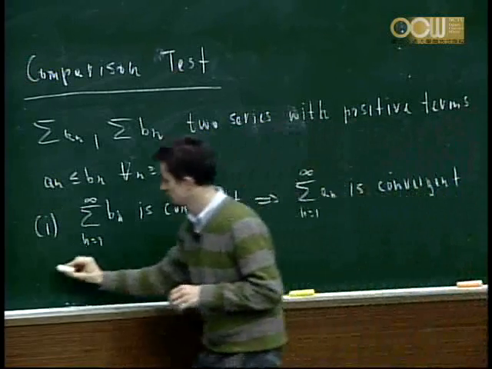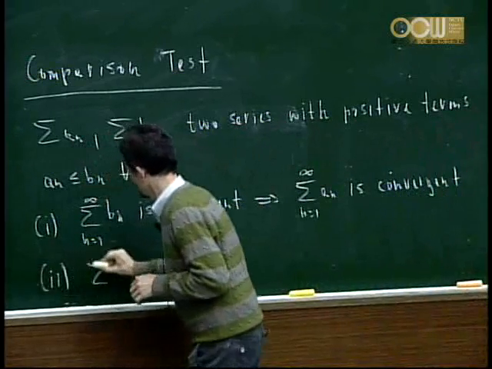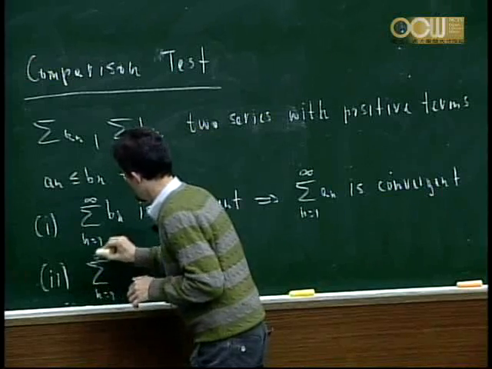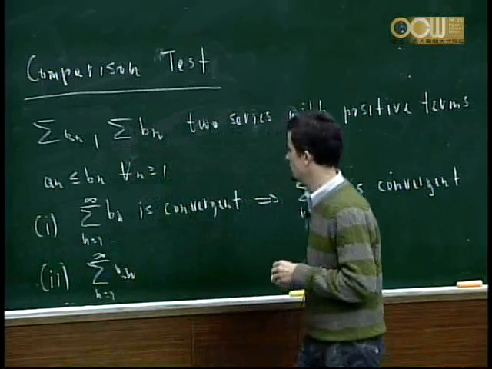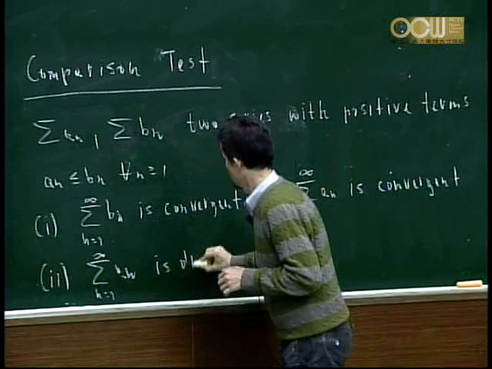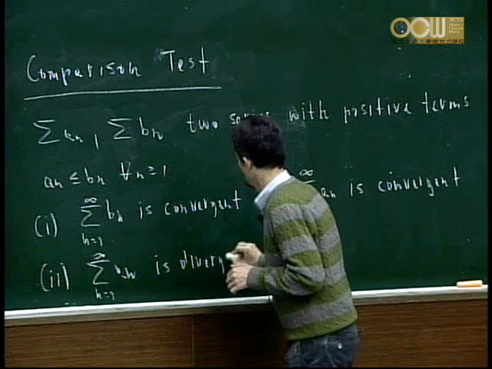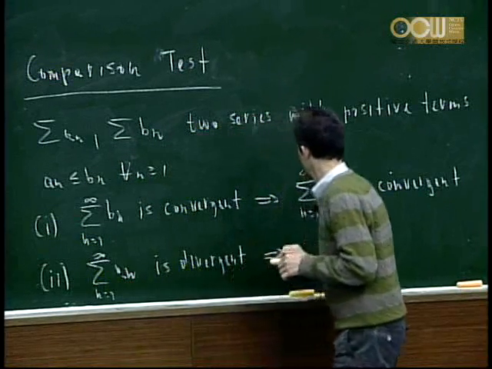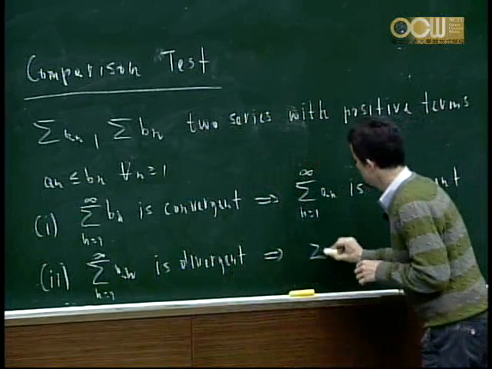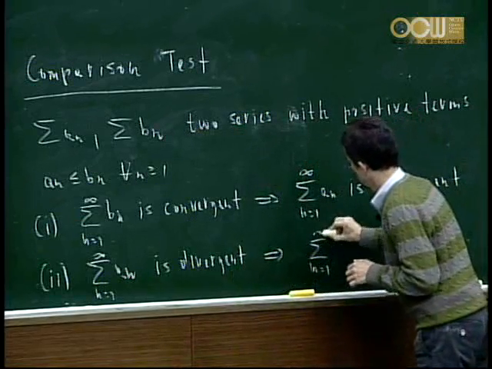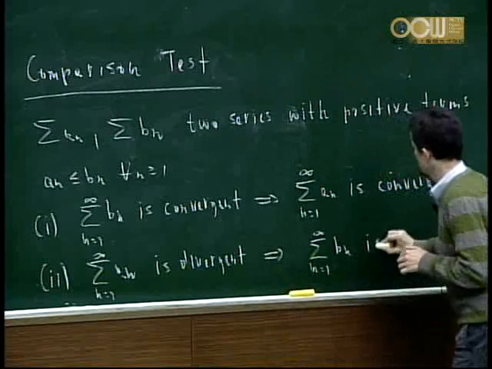And if you know that the series over an is divergent, then the series over bn is divergent as well.